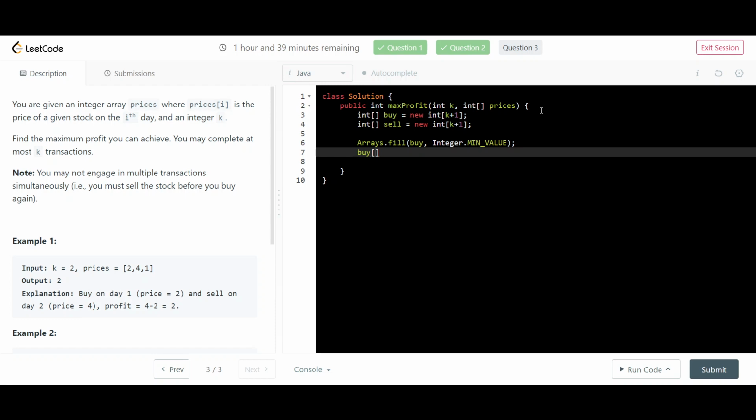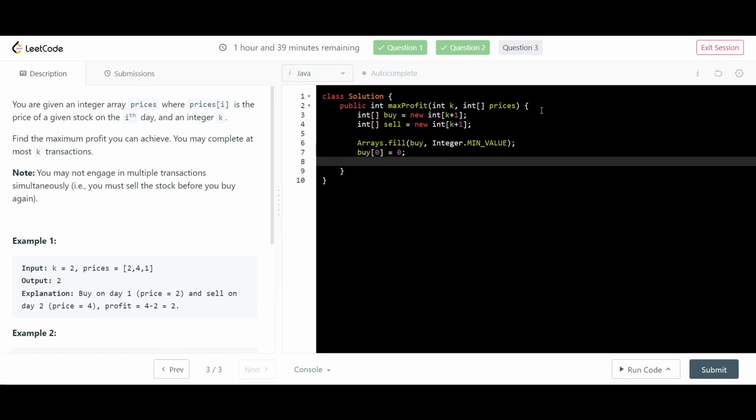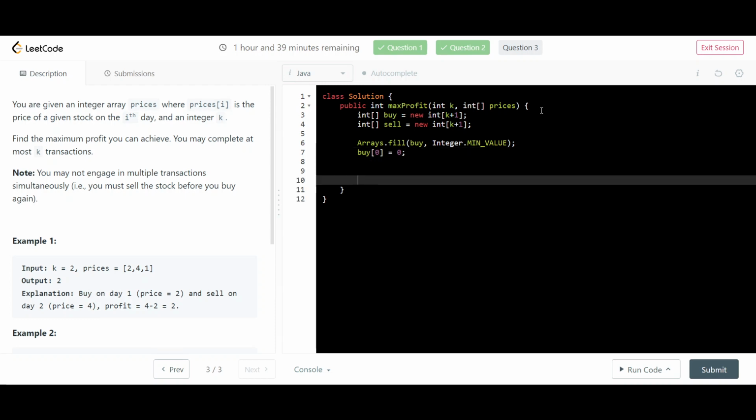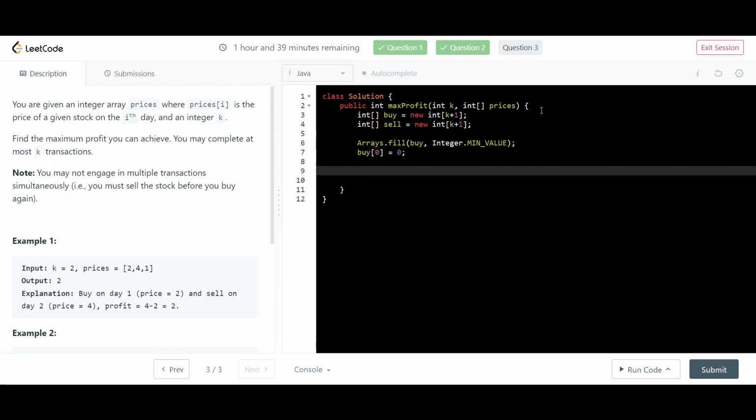Now buy of 0 means you've not bought anything. So that should be fine, right? And sell has to be 0. I mean, initially we initialize it to 0, because when you're selling, you will never sell for a negative profit. That's just something you're not going to do.